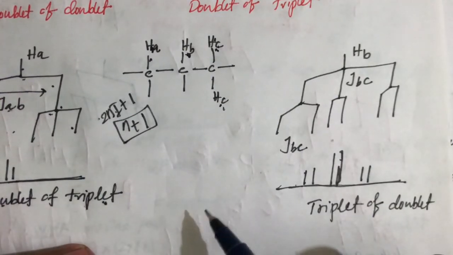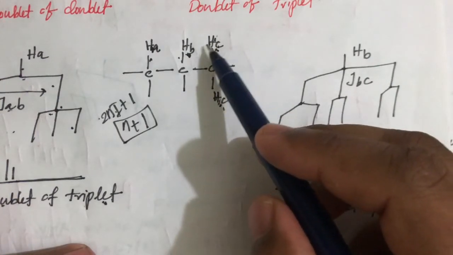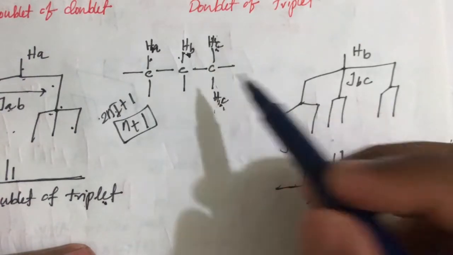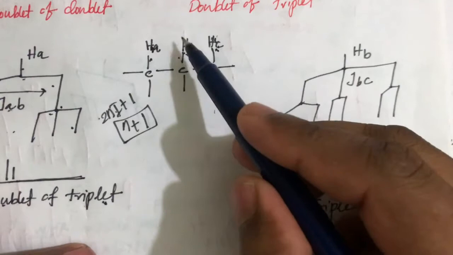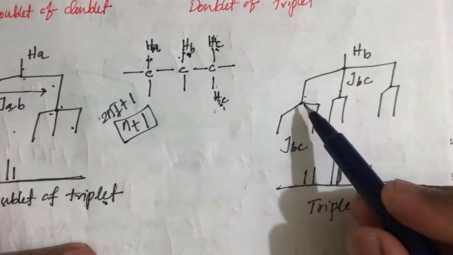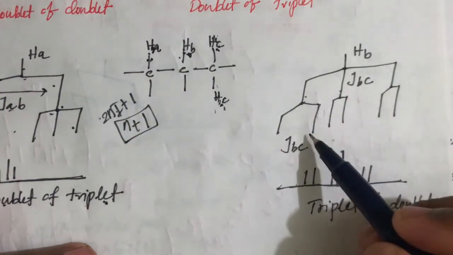Right. First this HB is coupled with HC, so its peak is split into 3 due to 2 HC. Okay, 3. Then HB is coupled with HA, that is each peak splits into 2 due to HA coupling.